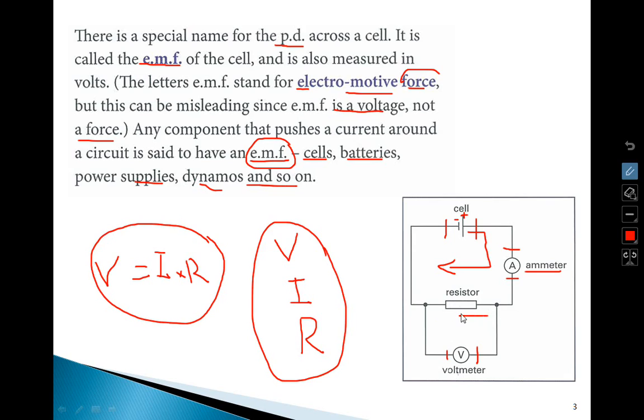Since current I goes through this resistance R, the voltage V is equal to I times R. So this is the relation between the three of them.